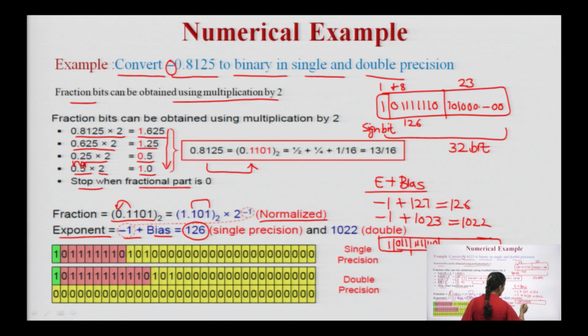This is my 1022. Then the fraction part 101, since it is of 52 bits. 3 bits I have written, 49 zeros I will append here. This becomes my 64-bit double precision number for this example. On a similar basis, we can convert any number into IEEE single precision and IEEE double precision.